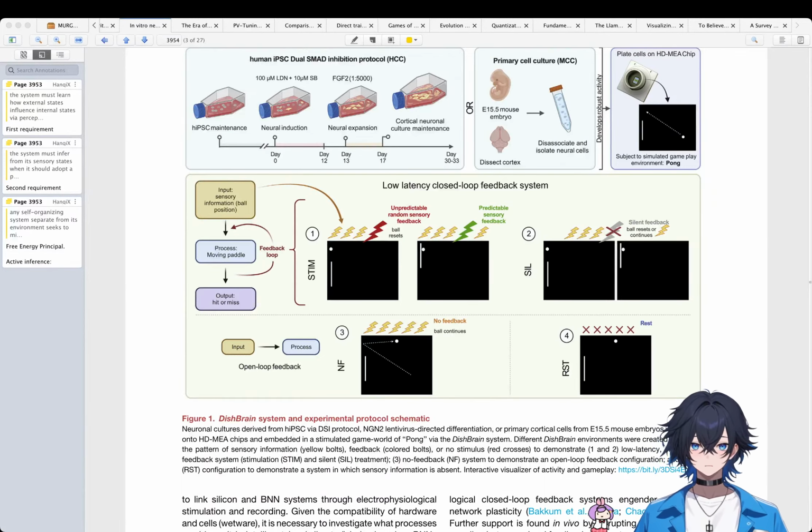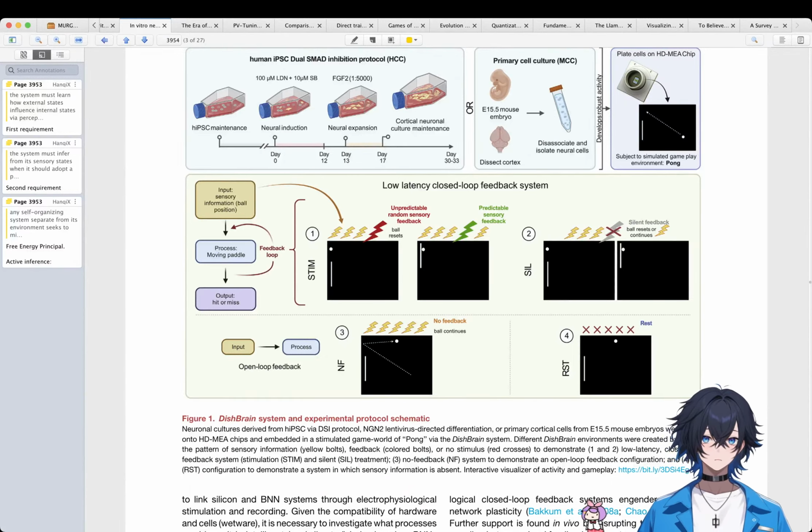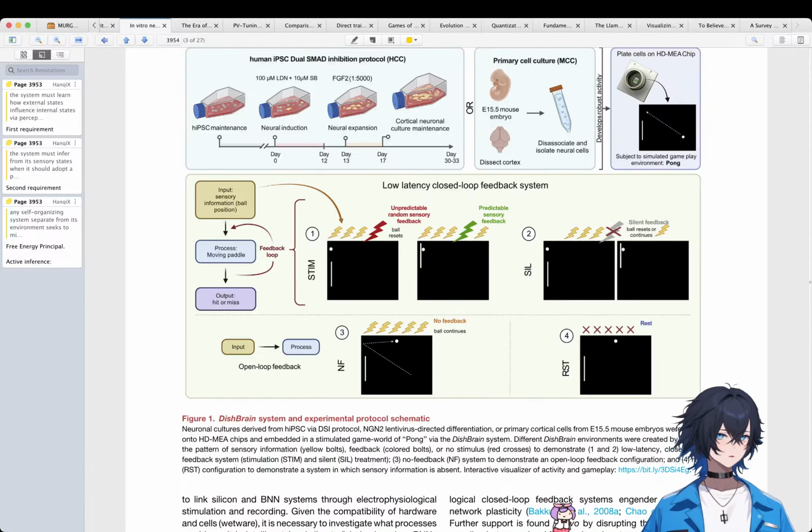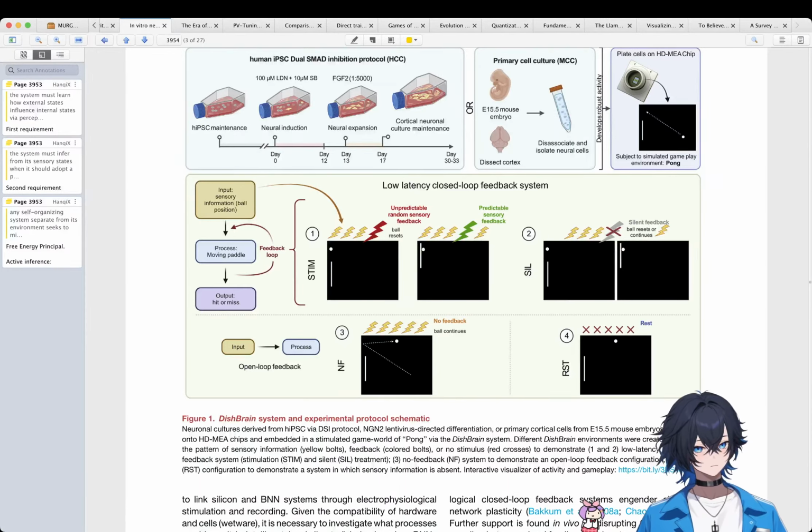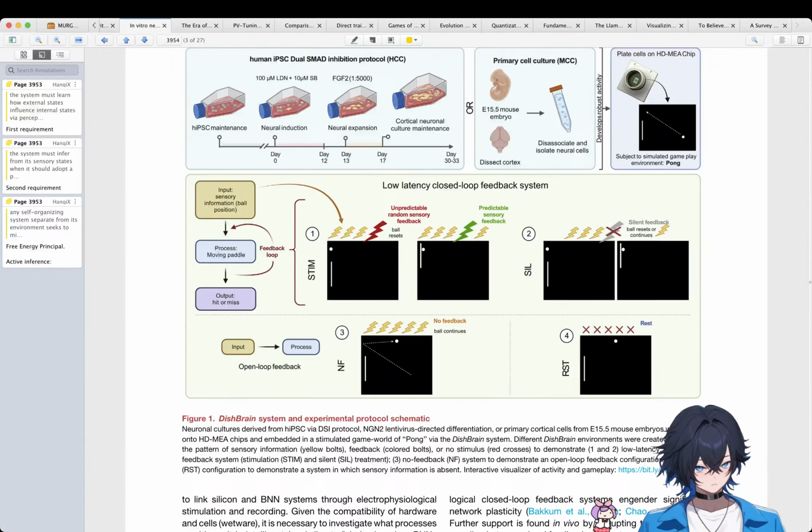So ball, okay, so this is missing the ball, unpredictable feedback. And then if you hit the ball, it's a predictable sensory feedback. Okay, but like, what about all the times when the ball is traveling? Okay. What's this silent feedback thing? Stim SIL.